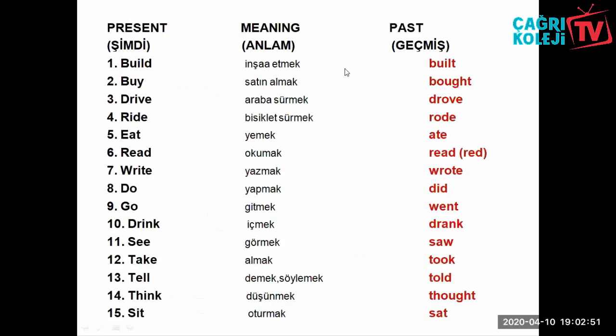Anyway, now please look at these irregular verbs for a while, one by one. Buy, bought, drive, drove, write, wrote, eat, ate, read, read. The spelling is the same as the first form of the verb, read, but when we want to use it in the past, the pronunciation changes, as in red.